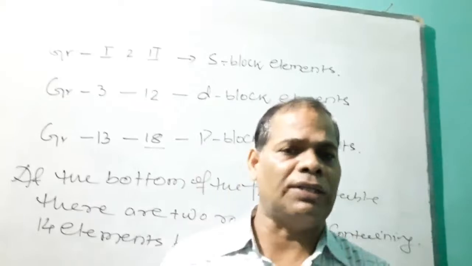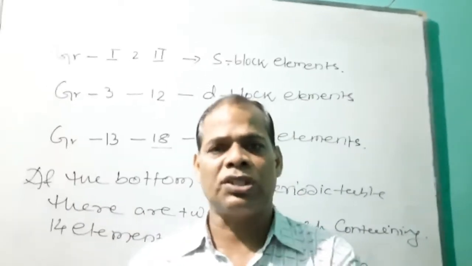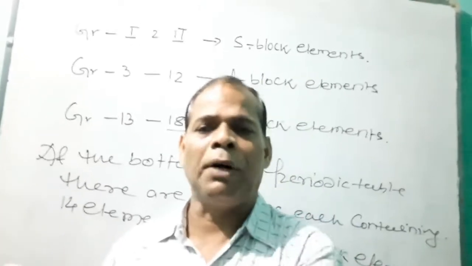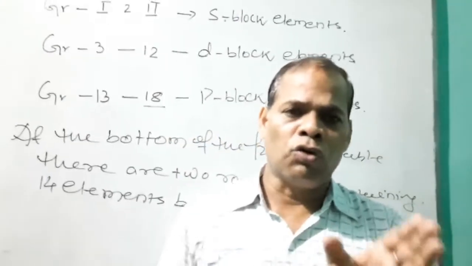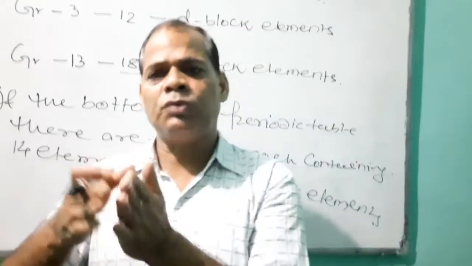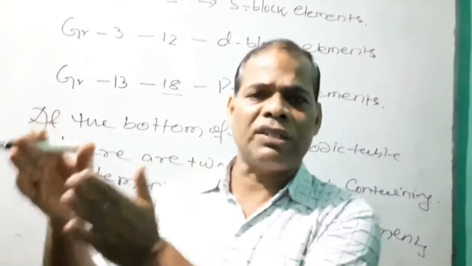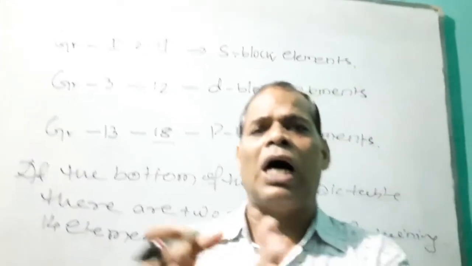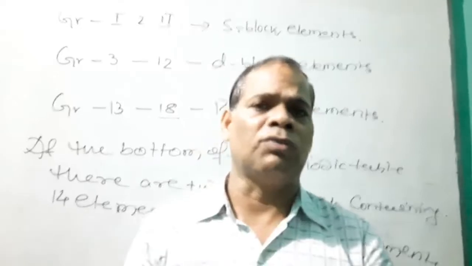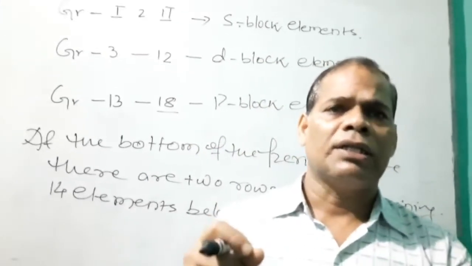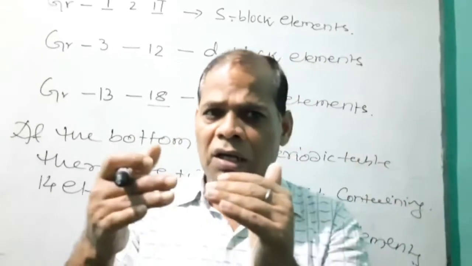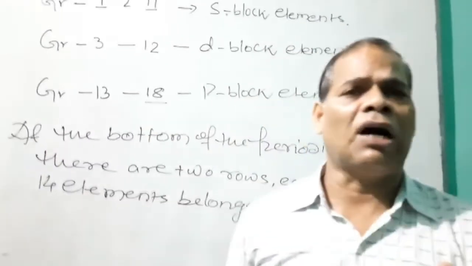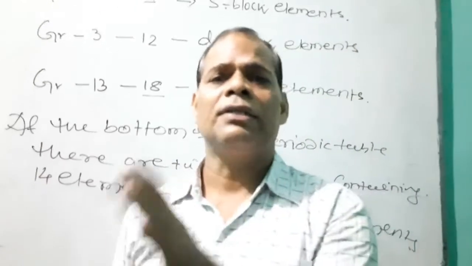Even group 13, when they react with 15, 16, 17, also form ionic compound. But when group 15, 16, 17 combine, they form a covalent compound. Even when group 15 and 17 combine, they also form covalent compound.